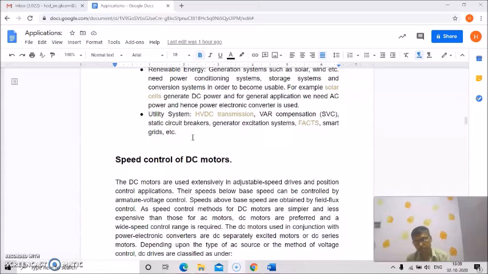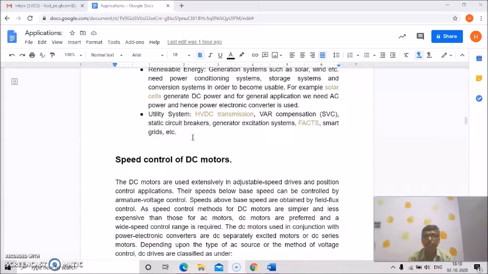The speeds above base speed are obtained by field flux control, basically the field weakening method.